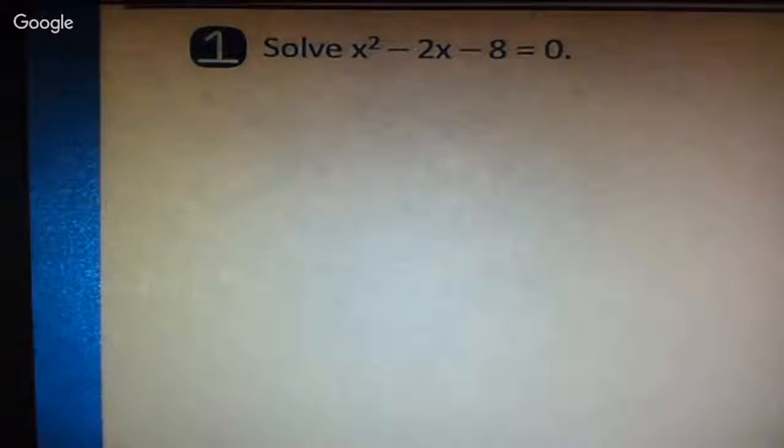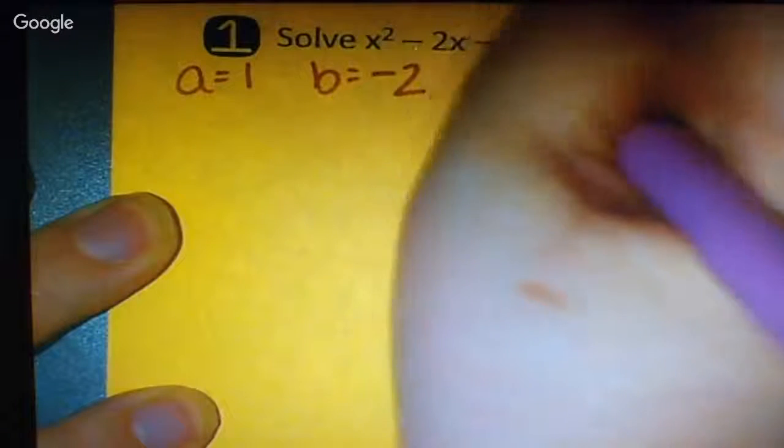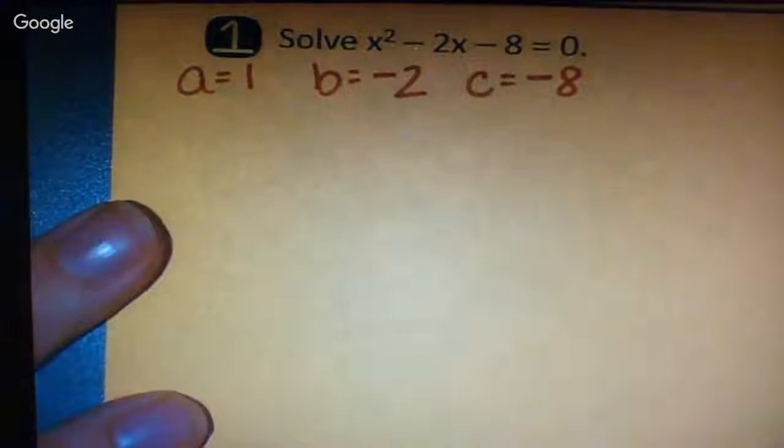Anyways, first things first. Is my equation equal to 0? Yes. And what is C? -8.